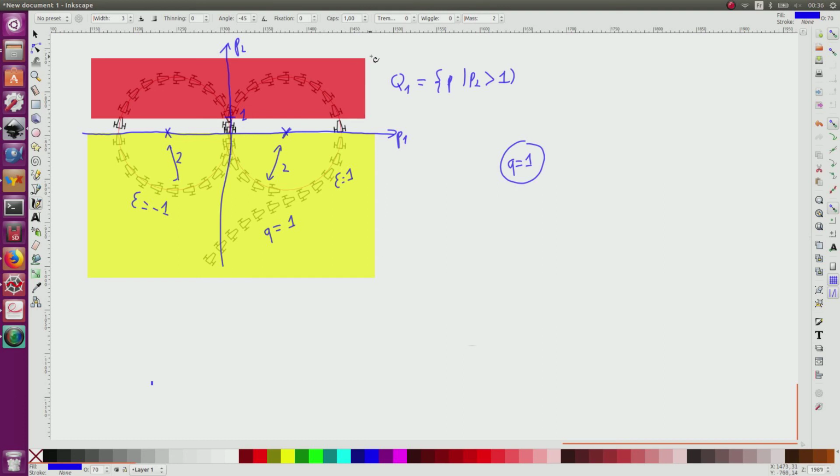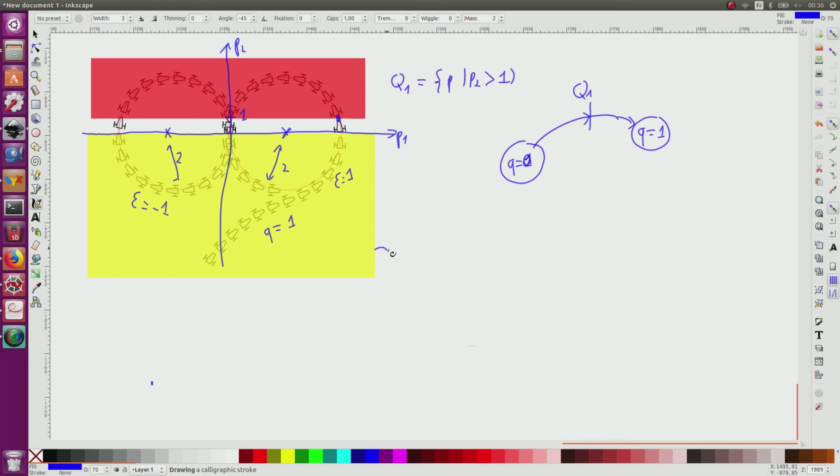Then once I am in Q1, so here, I switch to the other state, which I will call q equals 1. It means that now I am in the red box. The transition is obtained as soon as I am in Q1.